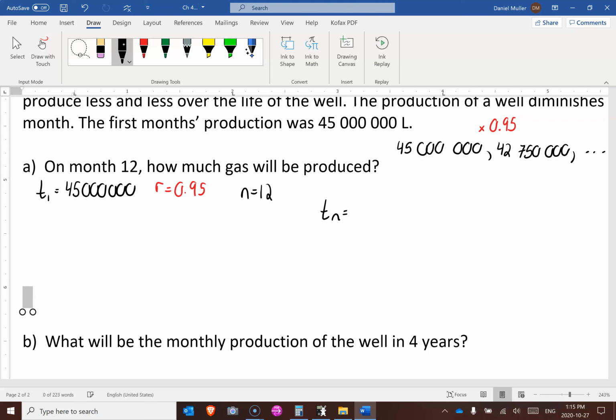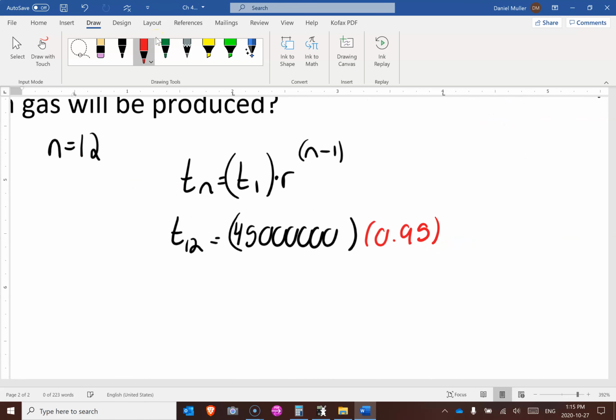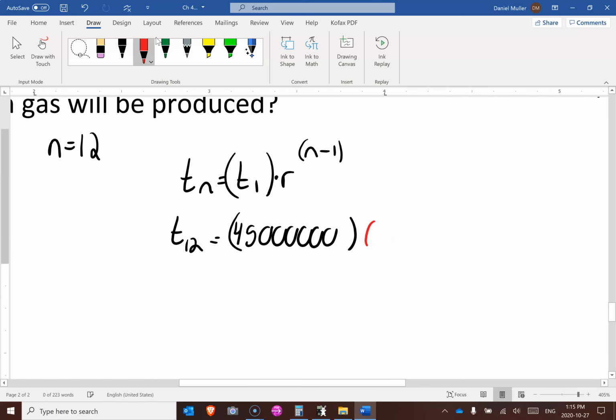So Tn equals T1 R to the n minus 1. So we're finding T12. So the first term, 45 million times 0.95 to the n minus 1, which would be 12 minus 1.